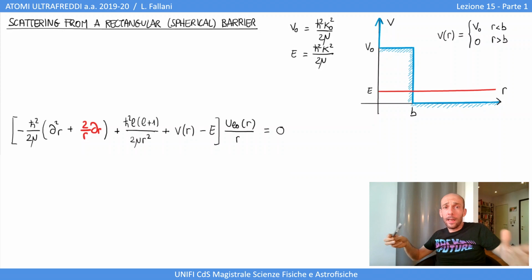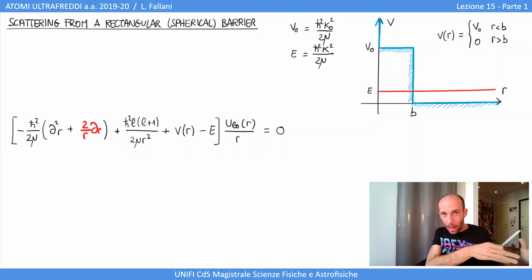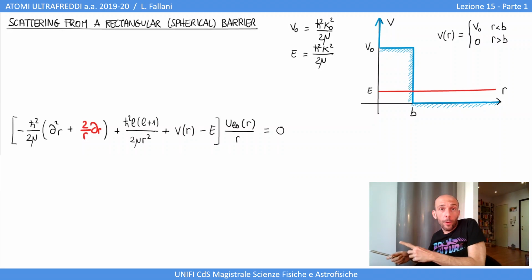that basically has had no consequence until now, but now that we want to solve this equation, it is important to consider it.